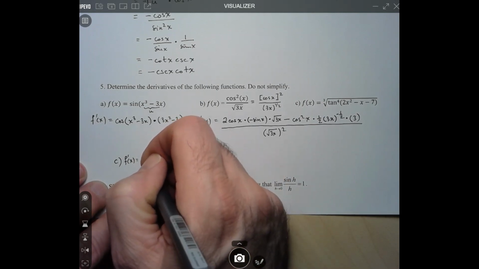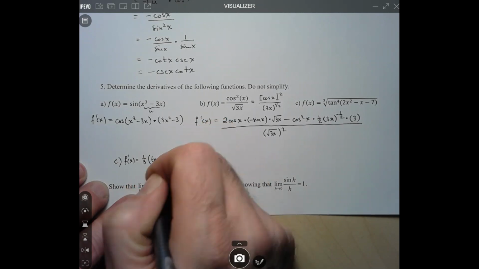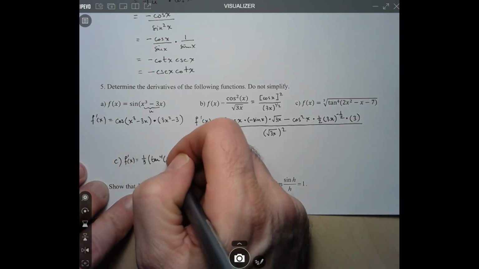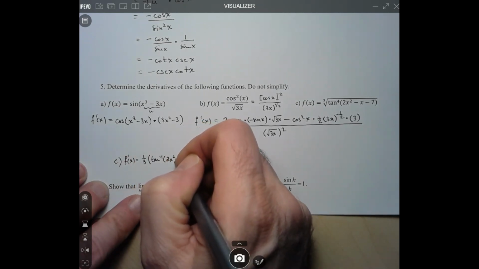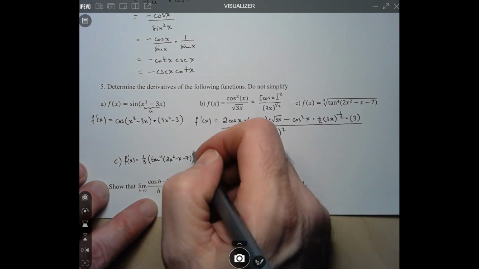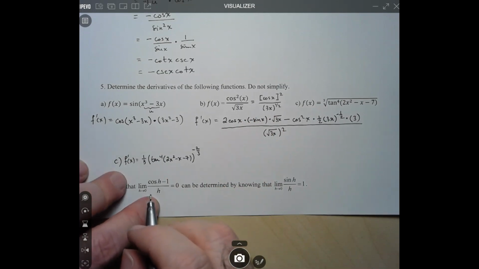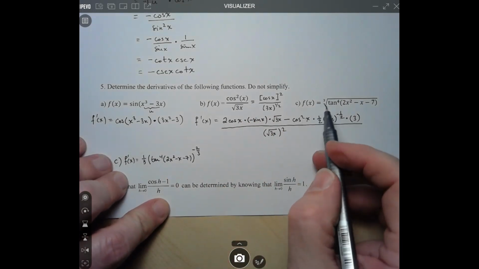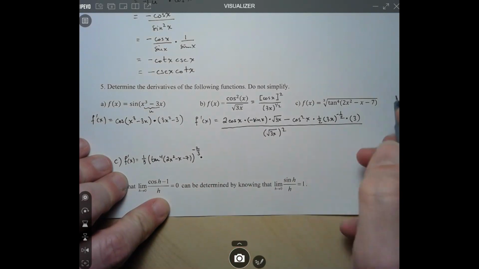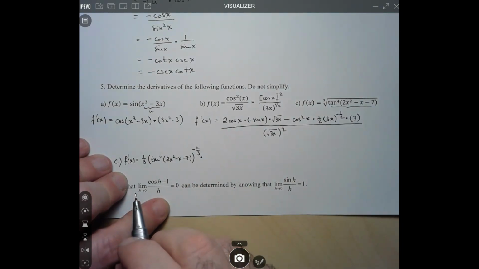It's going to be 1/3 u, which is tan to the 4th of 2x squared minus x minus 7, all to the negative 2/3. So now we can forget about the cube root and now focus on just taking the derivative of this function here.